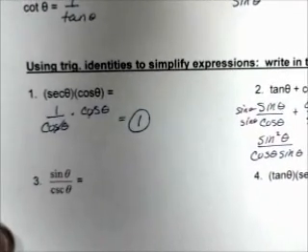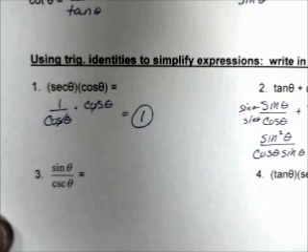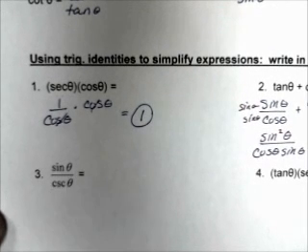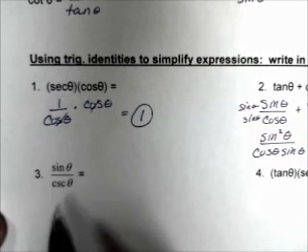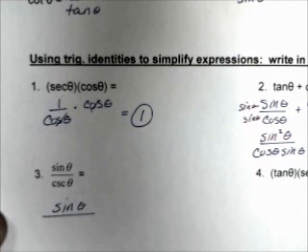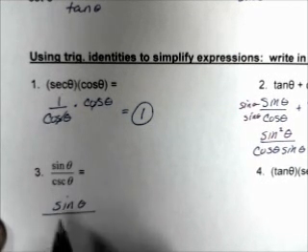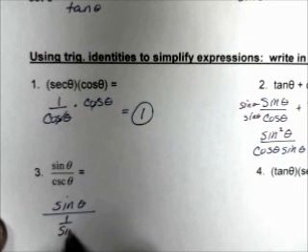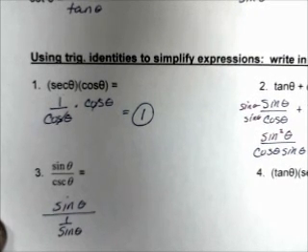Next, number 3, sine of theta divided by cosecant theta. Let's see. Sine theta will leave. Cosecant we'll replace with what it's equivalent to, 1 over sine. Now think of this as a complex fraction.